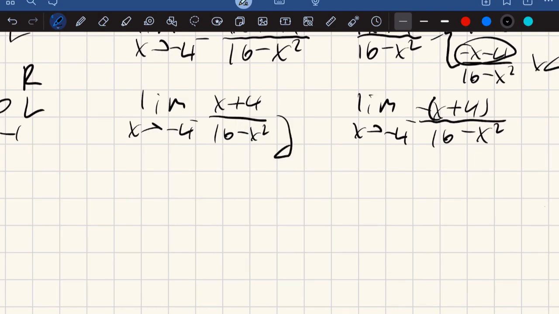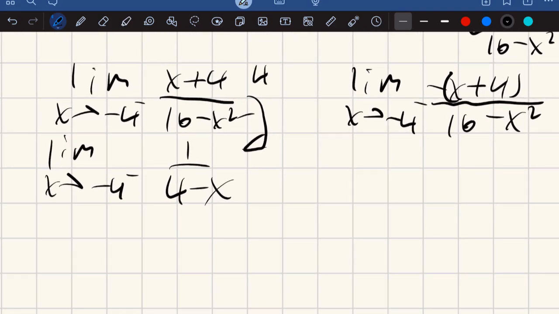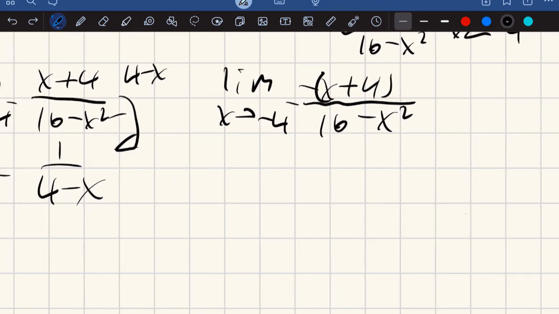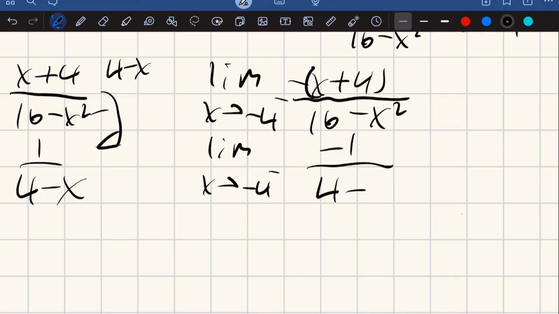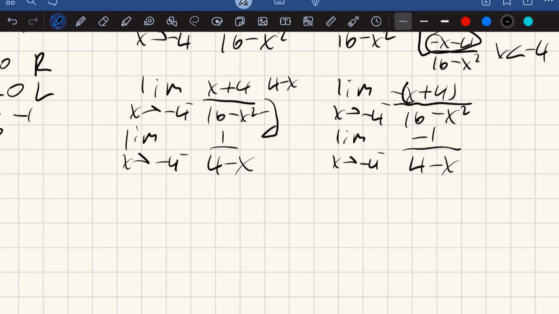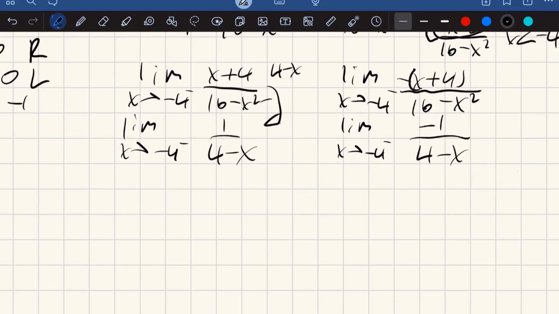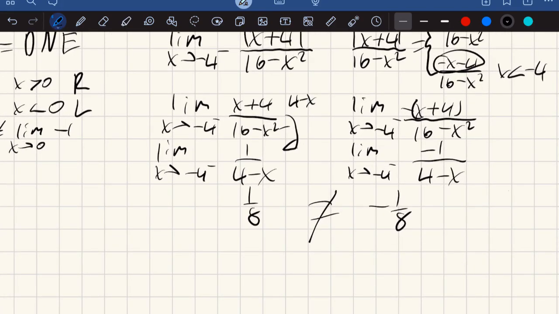So in this one, you get the limit as x approaches negative 4 from the left of 1 over 4 minus x, because the bottom is 4 minus x and 4 plus x, and this and that cancel out. On this side, it would be the limit as x approaches negative 4 from the left of negative 1 over 4 minus x. Now we just plug in negative 4, and we get 1 over 8 and negative 1 over 8, which do not equal each other, so the limit does not exist.